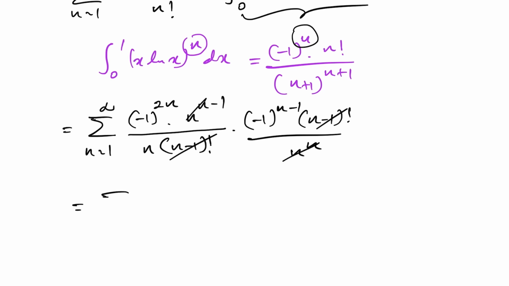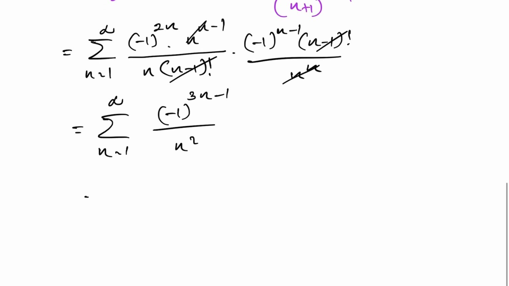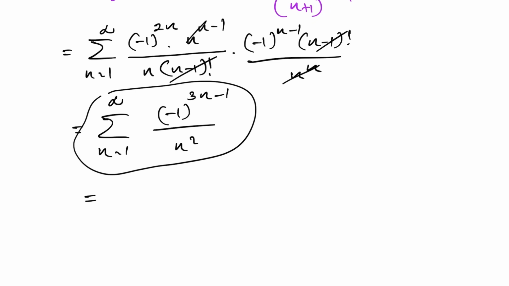So we have the sum of n equals 1 to infinity, minus 1 to the 3n minus 1, over n squared. Now we know this is just the eta function, the Dirichlet eta function. So this is just eta of 2.